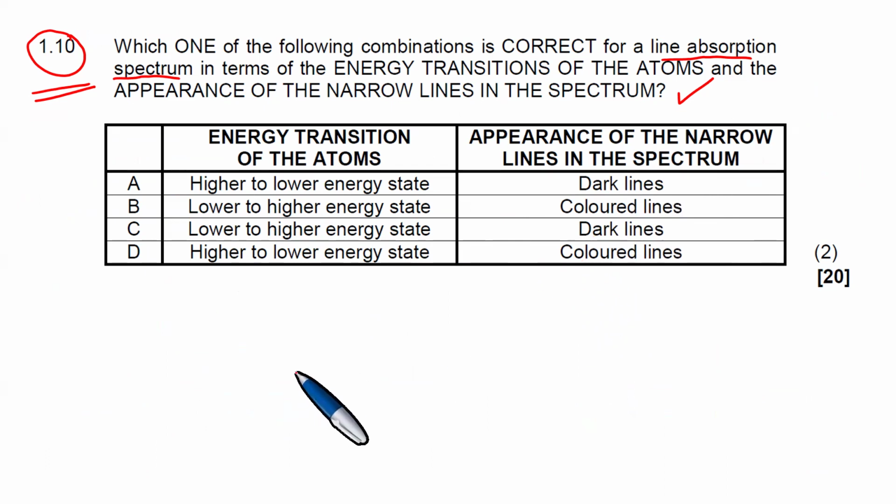So obviously at this point, what then we can say is in 1.10, because we're saying which one of the following combinations is correct for a line absorption spectrum in terms of the energy transitions of the atoms and the appearance of the narrow lines in the spectrum.